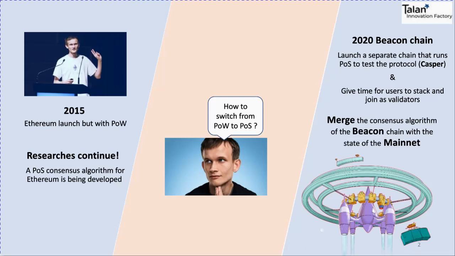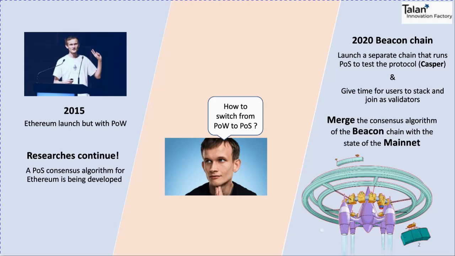So they adopted another approach, which is launching a side chain with proof of stake that tests the feasibility and has all the technical stuff running. Then when we are sure that it's ready, we integrate it with the mainnet, which is the proof of work chain or Ethereum 1.0.